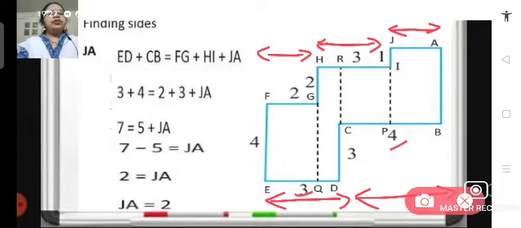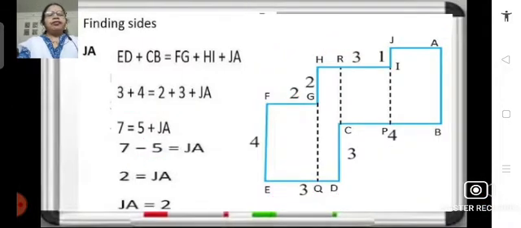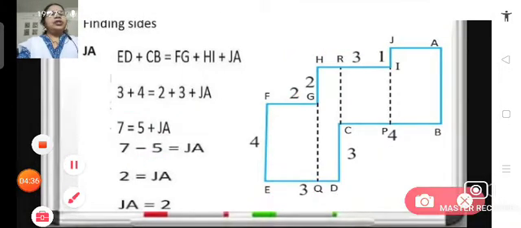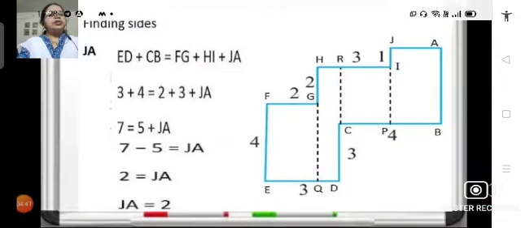Then FG also we have 2 and HI we have 3, JA we have to find out. So 3 plus 4 becomes 7 and 2 plus 3 becomes 5. So what will be JA? JA will be 7 minus 5, that means 2. So we have found out that JA is 2 centimeters. Now let's find out AB.